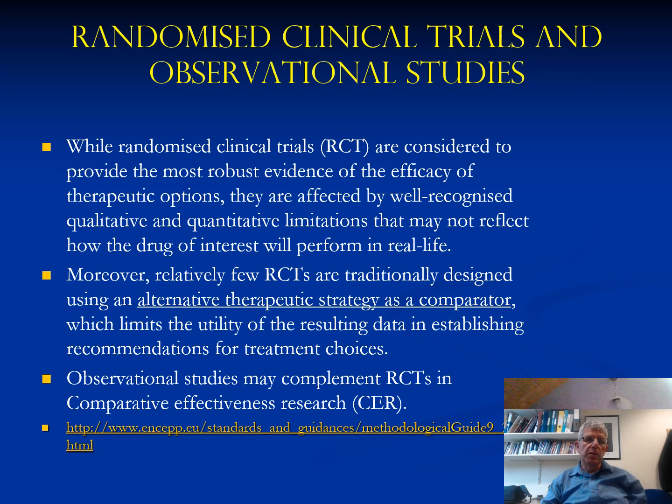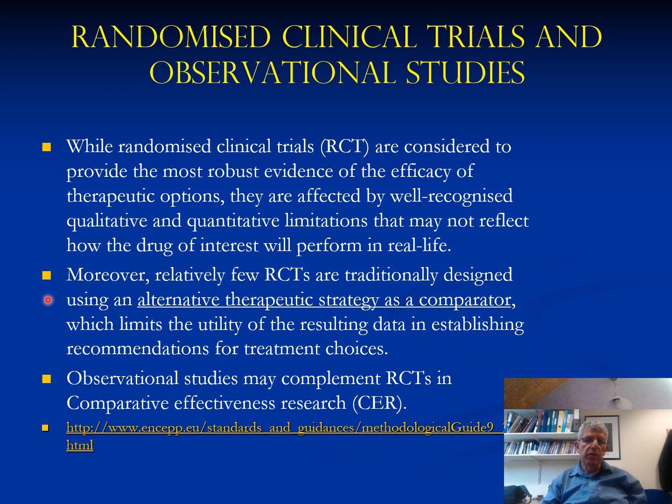This slide considers the pros and cons of randomized controlled trials versus observational studies. While randomized controlled trials are considered to provide the most robust evidence of the efficacy of therapeutic options, they are affected by limitations that may not reflect how the drug of interest will perform in real life.